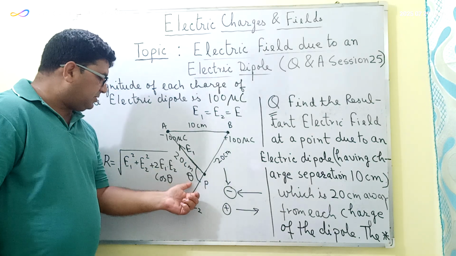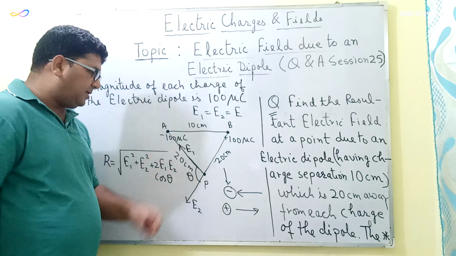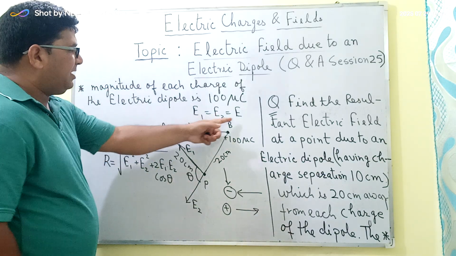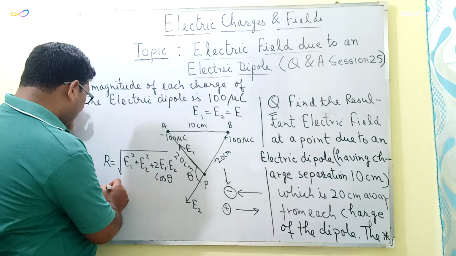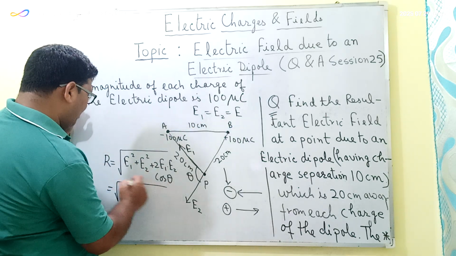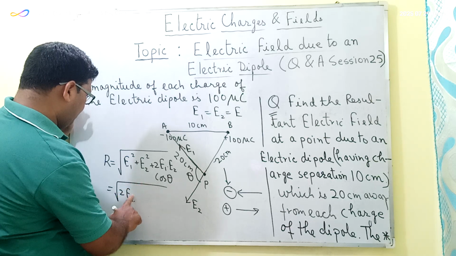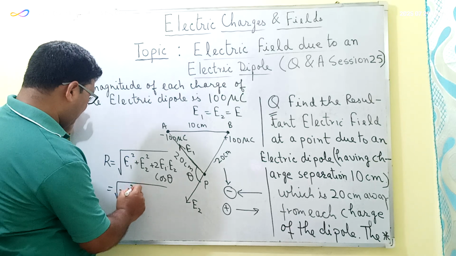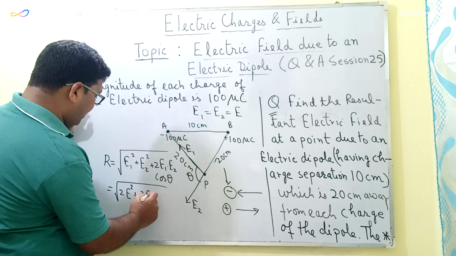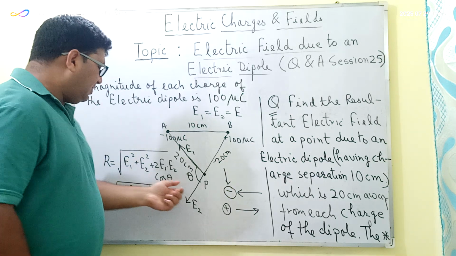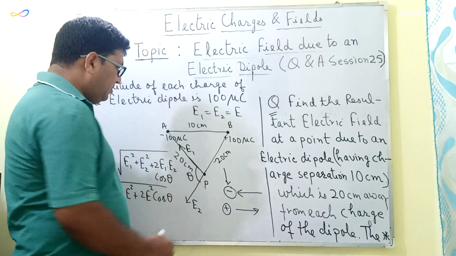I have taken that angle equal to theta here. Now since E1 is equal to E2 and I have taken it as equal to E, this R will be equal to the square root of 2E square plus 2E square cos theta. So important here is that we have to find the value of cos theta.